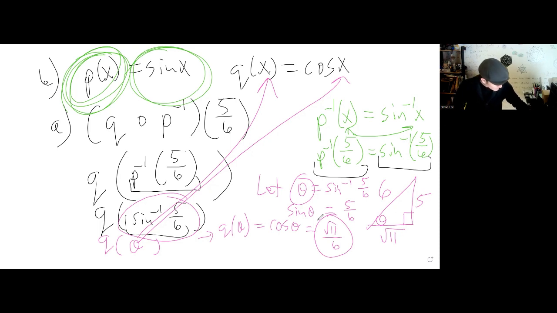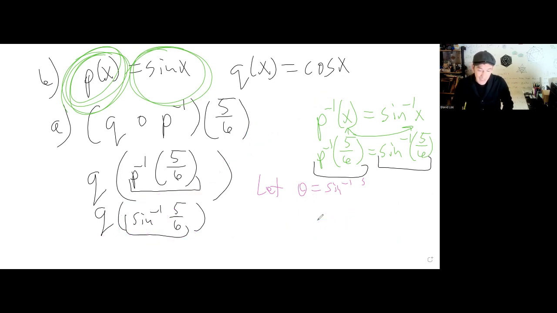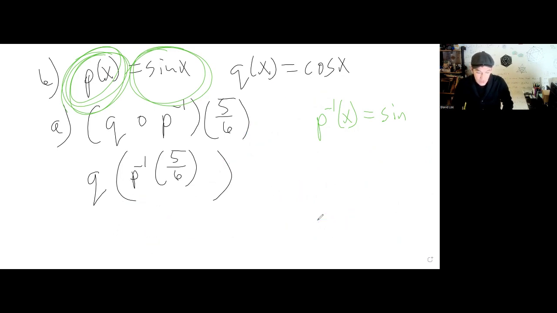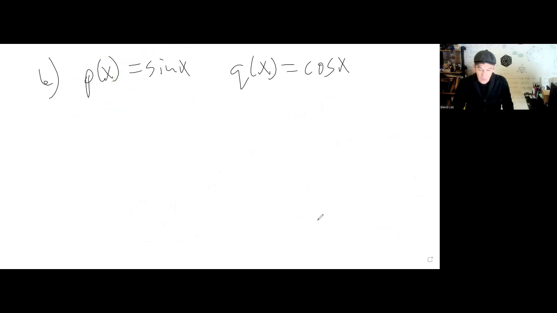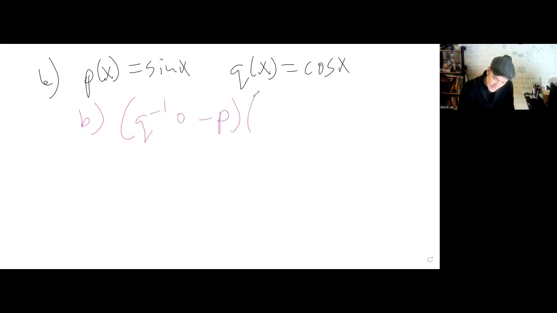That was number 6, part A. Let's go to 6B. That says Q inverse of negative P at 7/6.